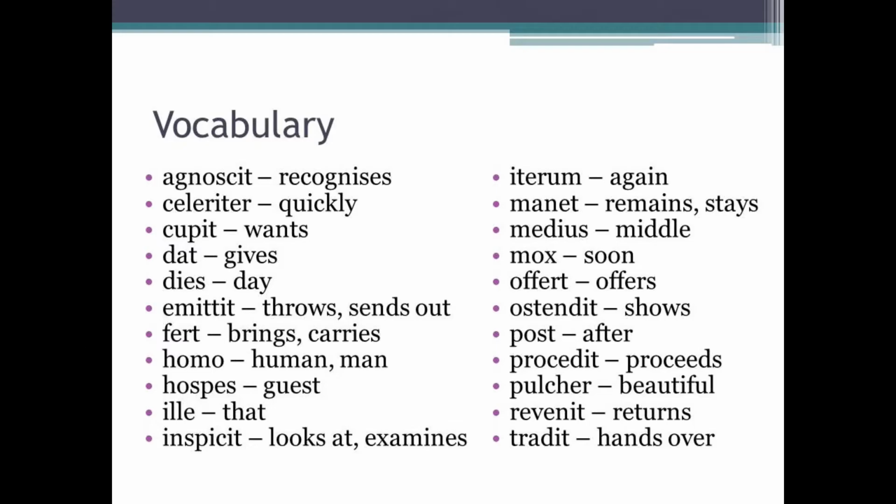Offert is offers. Ostendit means shows. Post means after. Procedit means proceeds. Pulcher means beautiful. Revenit is returns. And tradit means hands over.